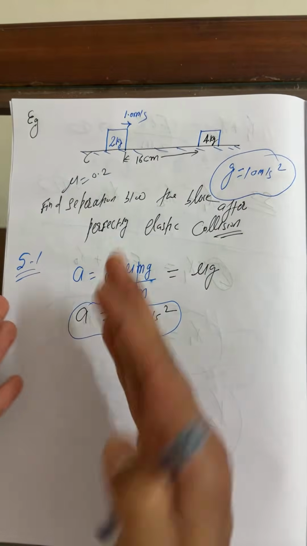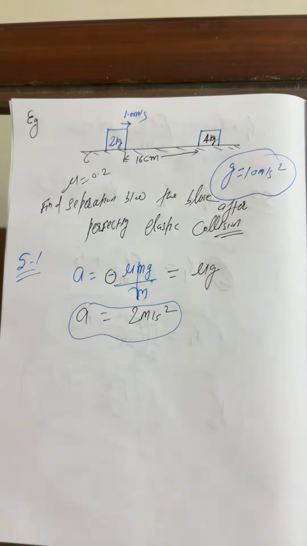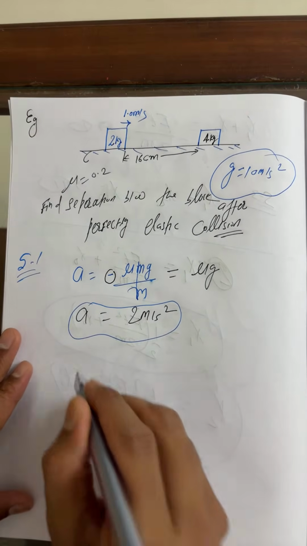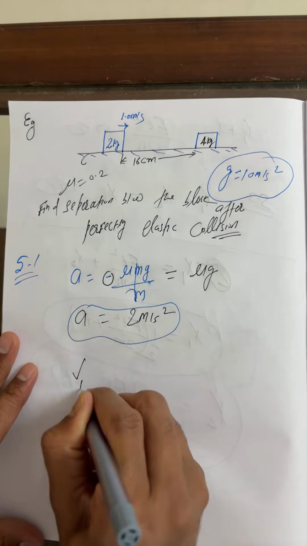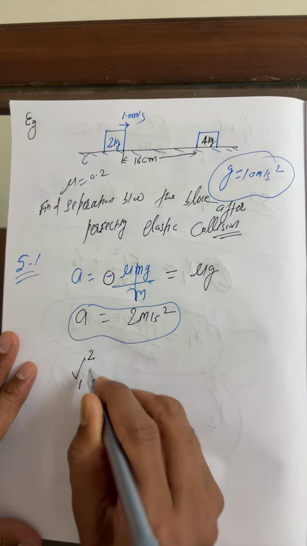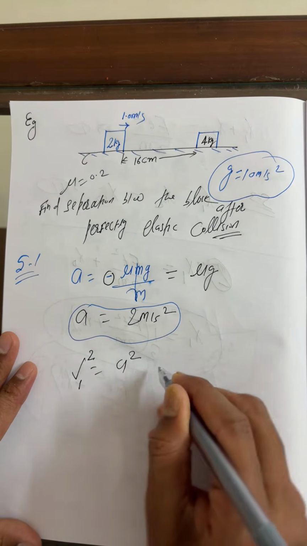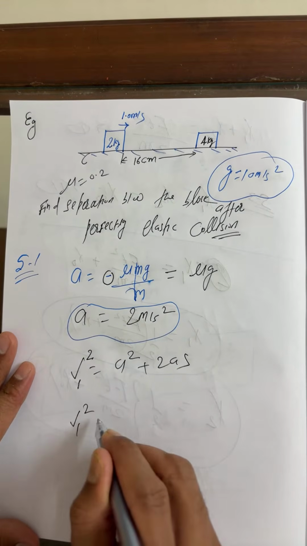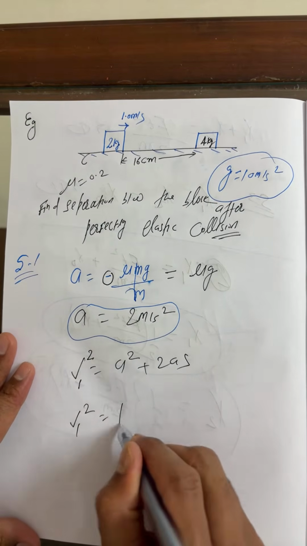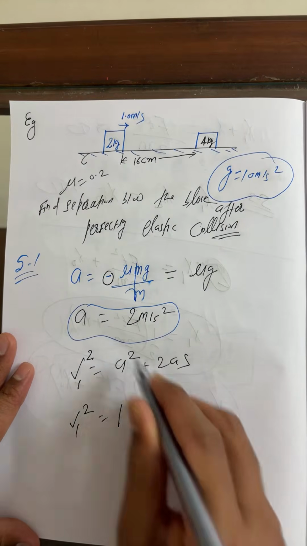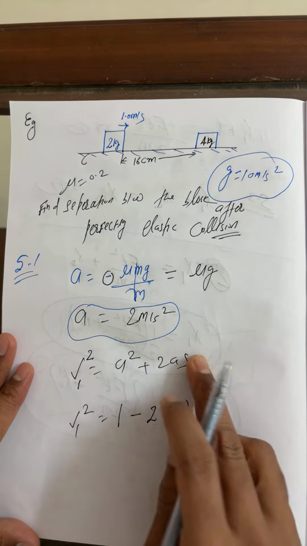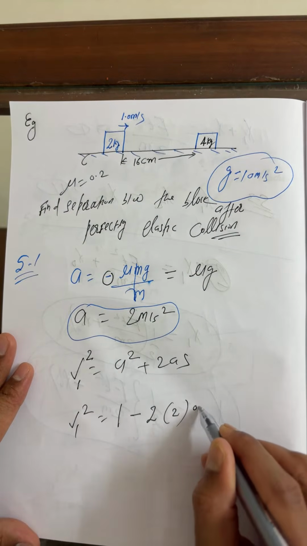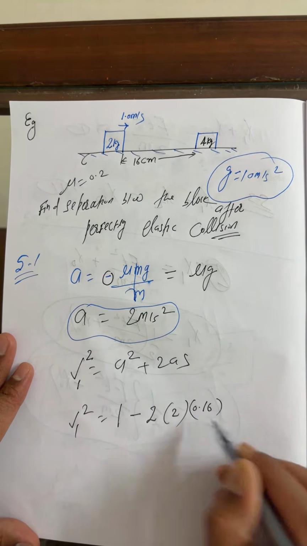So the velocity of the 2 kilogram block after collision, let us suppose I'm calling it v1. v1 square is u square plus 2as, so v1 square equals 1 minus 2 into a, where a is 2 only, and s is 0.16.